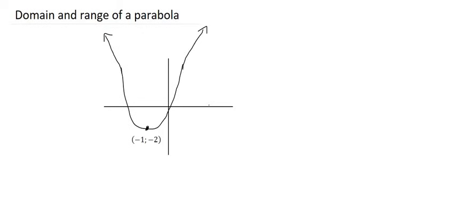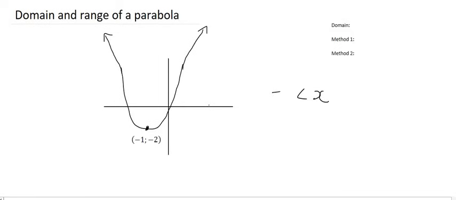There are two main ways that you could write that out, and I will quickly display those. With the first method, we could use the crocodile mouth method, where we say that x is anything bigger than negative infinity and smaller than positive infinity. When doing that method, you would have to say that x is an element of all real numbers.